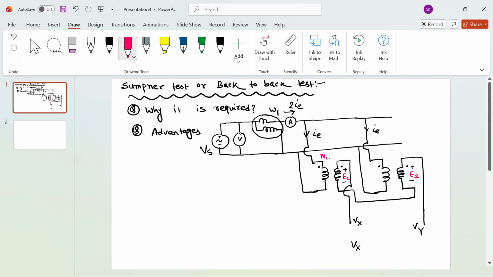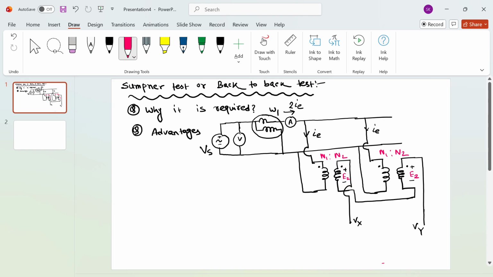If it is N1 is to N2, it is also N1 is to N2. So Vx minus E2 plus E2 equals Vy. So both the output terminals are in equipotential. This is the point that will require later explanation. Keep in mind that Vx and Vy are at the same potential.